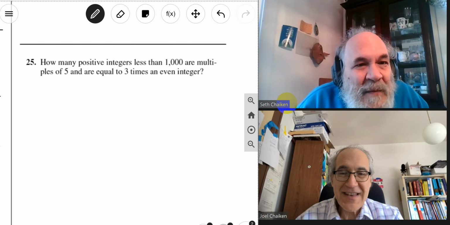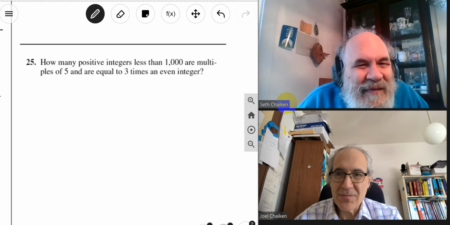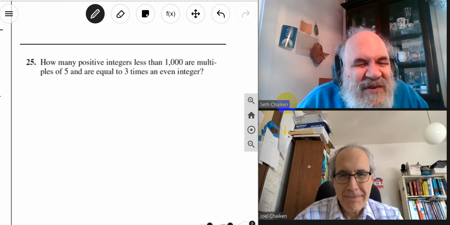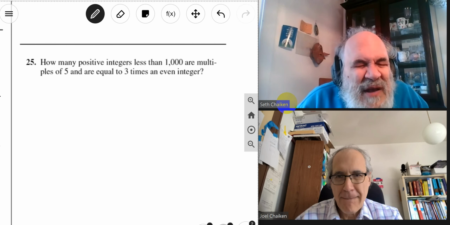Obviously, you're not going to be counting these on your fingers. Positive integers less than 1,000 are multiples of 5 and are equal to 3 times an even integer. Now, a number that is 3 times an even number is a multiple of 6.